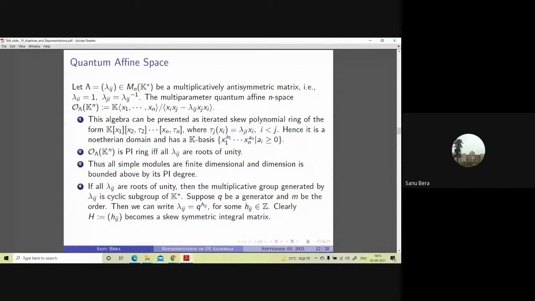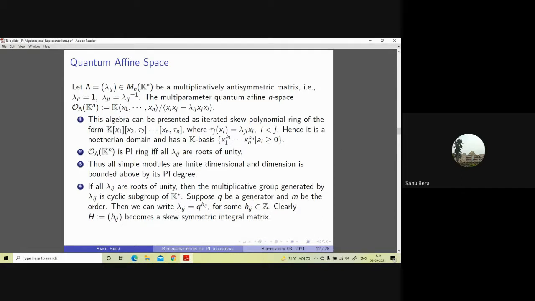Suppose some lambda ij to the power l will be 1, because there are finitely many ij. So x1 to the power l, x2 to the power l, ..., xi to the power l will be central elements. Because of that k basis, we can say that this is a finite dimensional central algebra. So this is a PI ring.